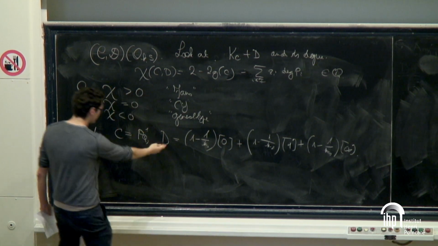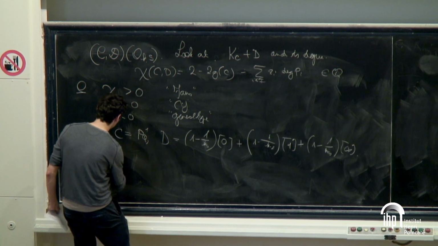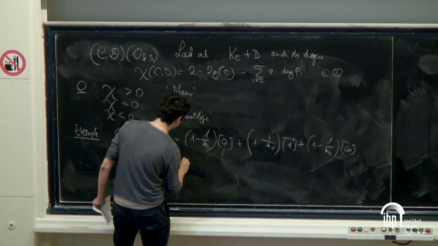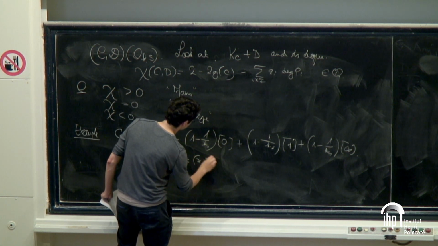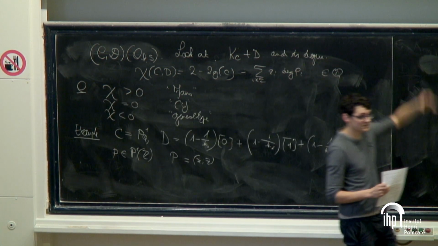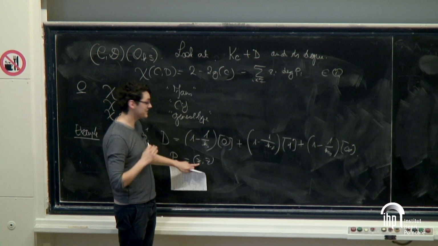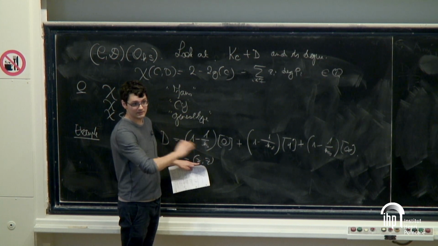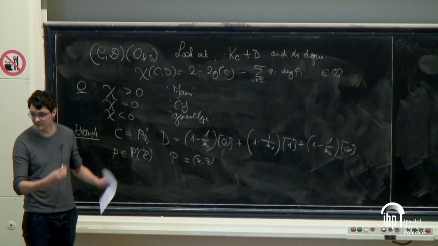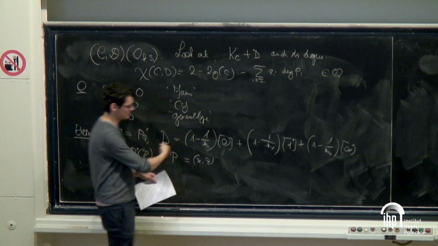Okay, so let's look at an integral point on P1. An integral point can be written x over z, where x and z are coprime integers. Imposing this tangency condition, which I just introduced, with respect to the divisor supported at 0, means that whenever my x reduces mod p to 0, then the multiplicity of intersection should be at least m_0. So the valuation of x should be at least m_0 with respect to such a prime.